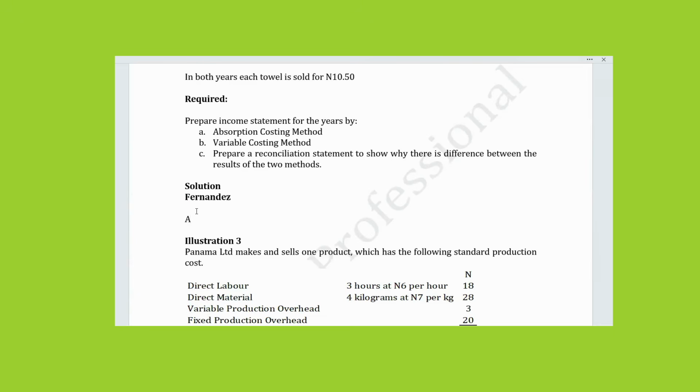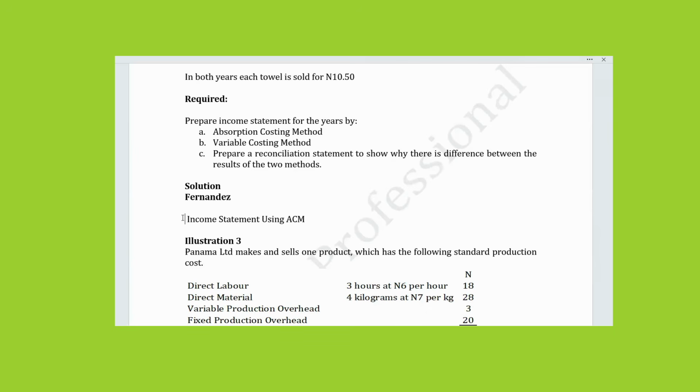So I would then say income statement using absorption costing method. Please, on the day of your exam, don't go and be writing ACM. It's not the name of a political party. You have to write it out in full.